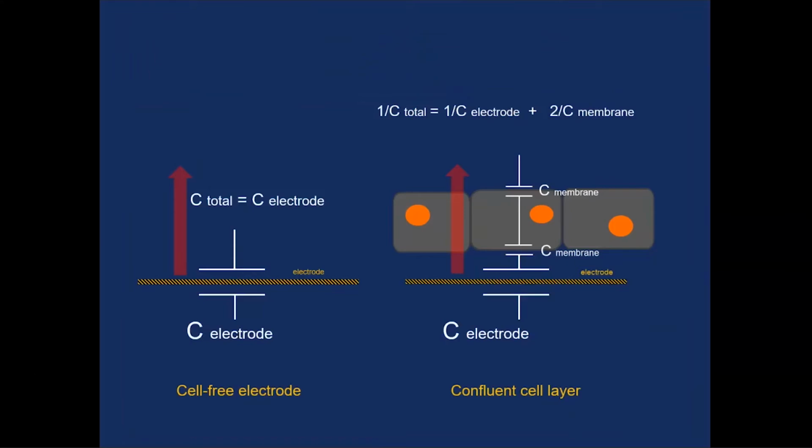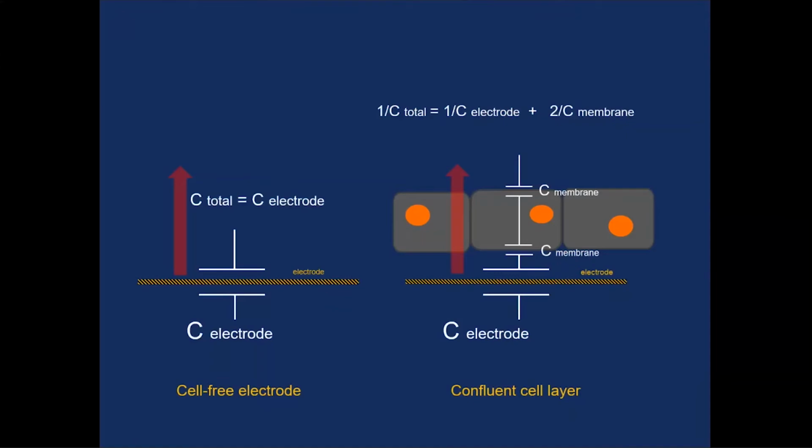As the cells attach and spread, and we go to high frequencies, the current is going to couple through the cells. Now it is coming out of the gold electrode and coupling capacitively through the cell membranes, which have a much lower capacitance, about 10-fold lower than the capacitance of the gold.